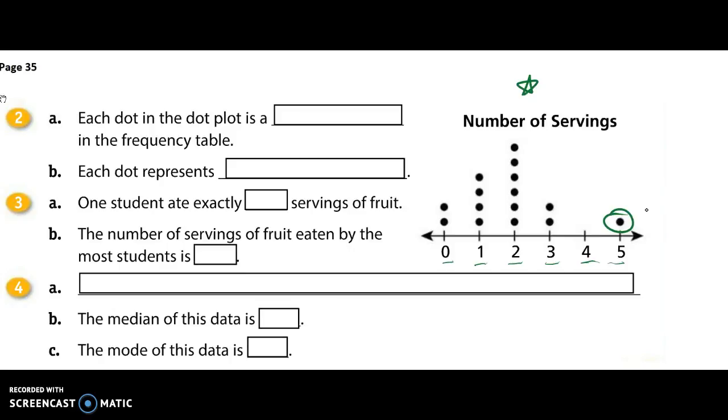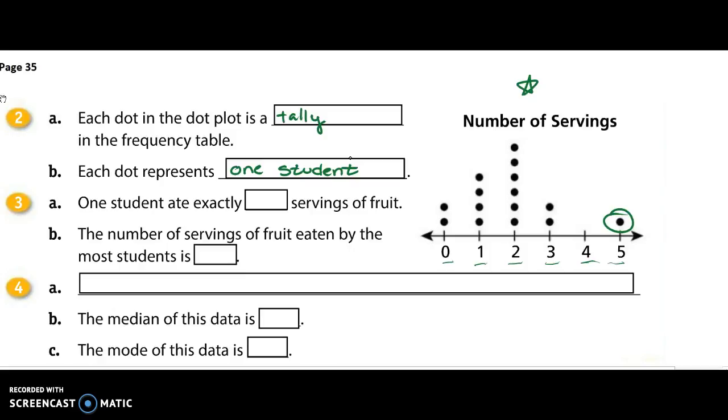All right? So each dot in the dot plot is a tally in the frequency table. That's the relationship there. Each dot represents one student who received a certain number of servings of fruit.